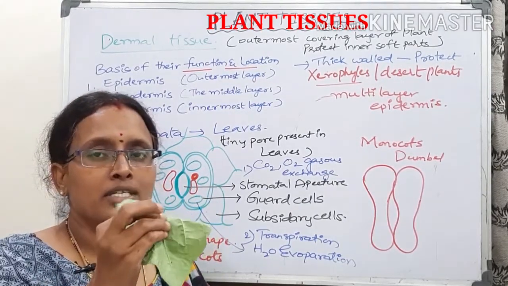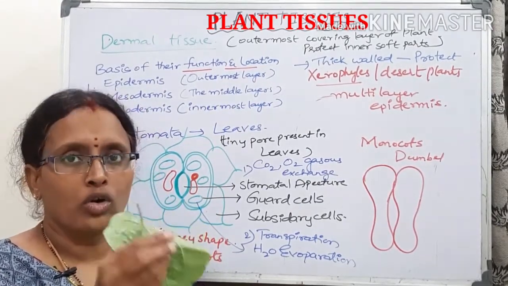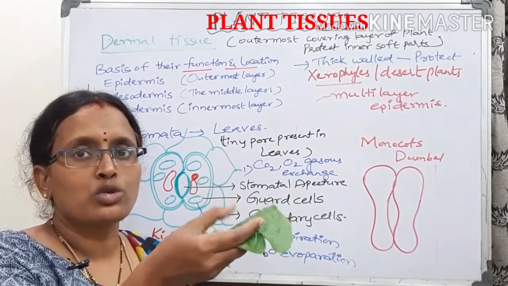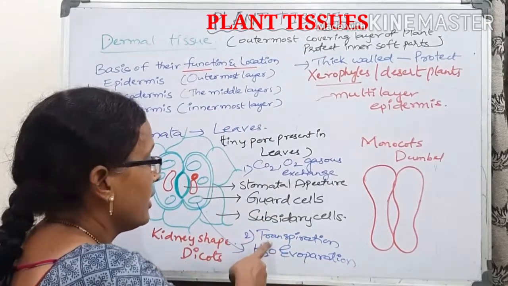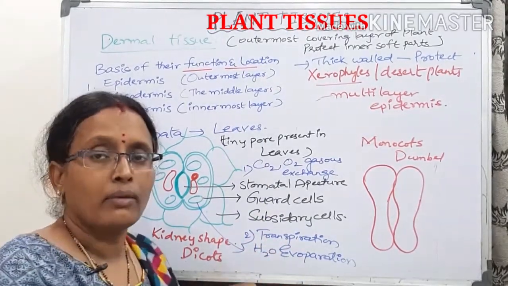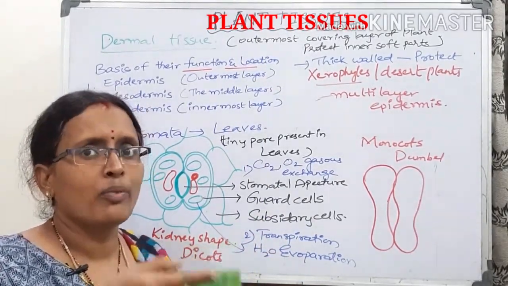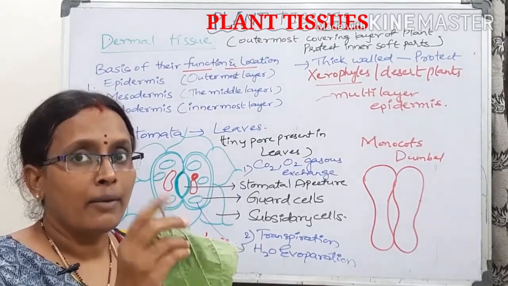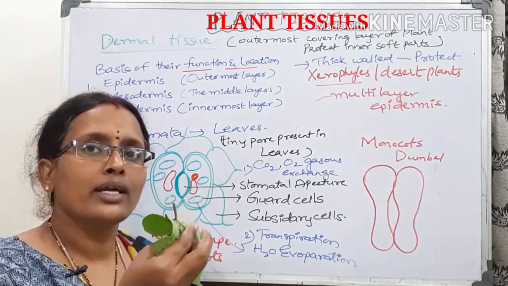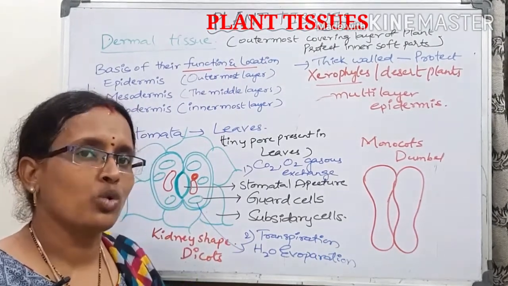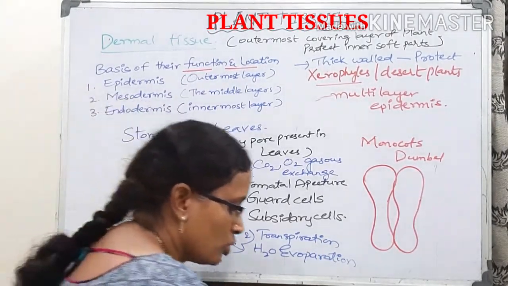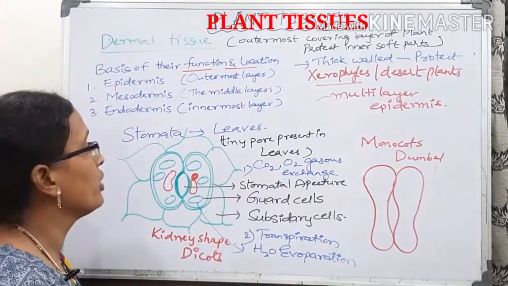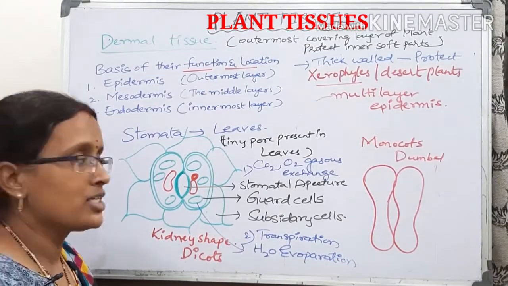The stomata is present in the lower epidermis, because if they were present in the upper epidermis, they would be exposed to the temperature and transpiration would be more, meaning more water would be evaporated from the plant. That is the reason stomata is present in the lower epidermis. More stomata are present in the lower epidermis only. If you observe that, we will come to know that.